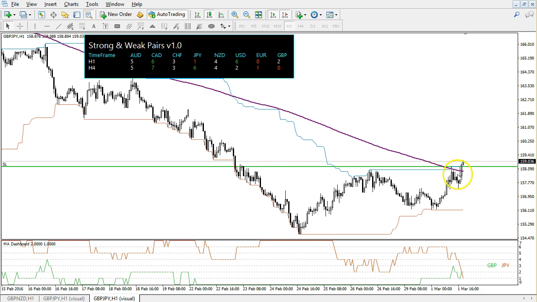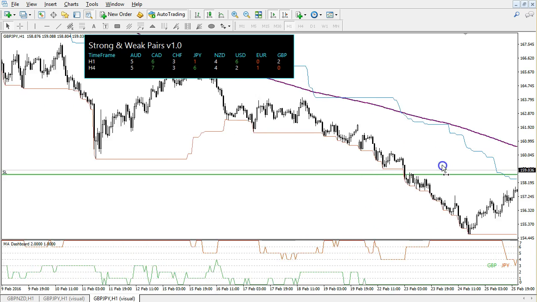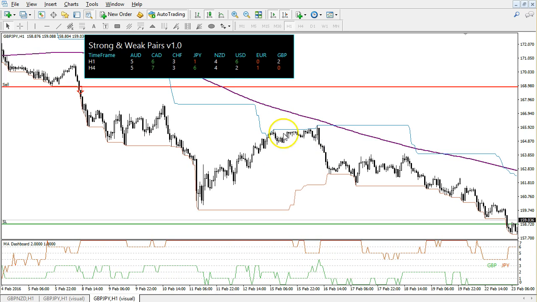So we are back and we exited the position here. If we go back, we can see that there was some attempt here that could have stopped us out. This is why I'm using the stop loss above the higher line, not on a fixed line.